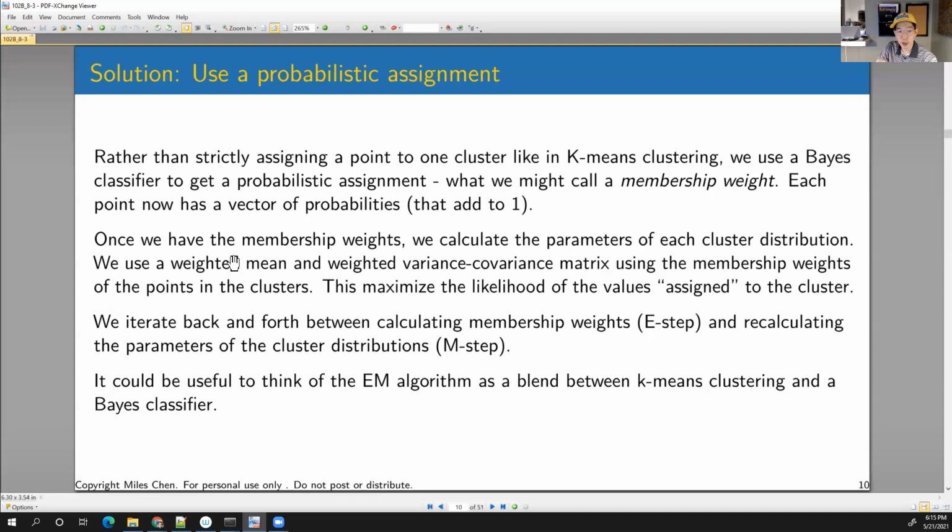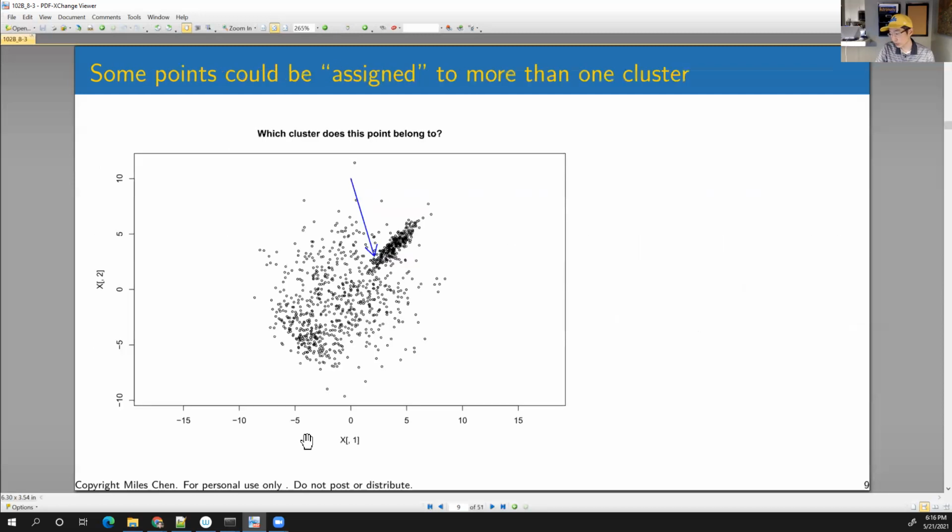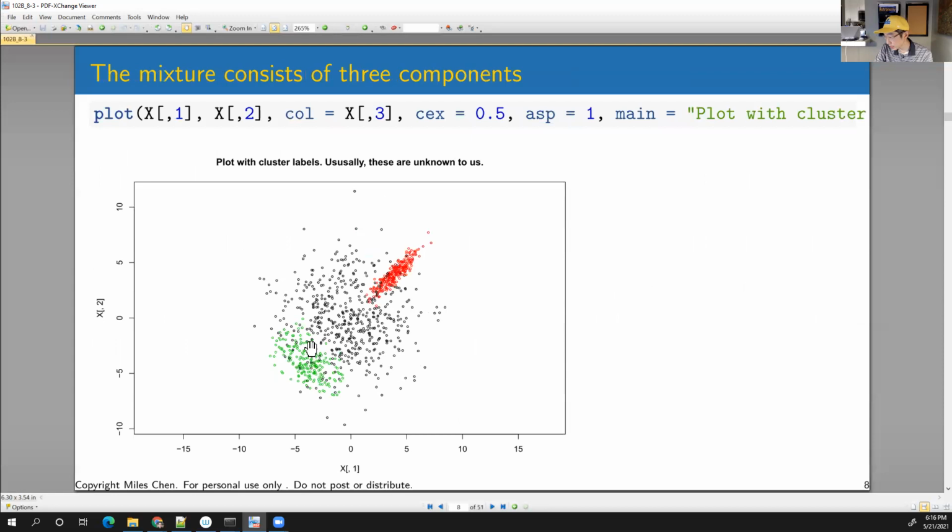And values that have a low probabilistic assignment of belonging to a cluster will have a low weight, right? So when we're talking about finding the mean of this green cluster, points out here are going to have very low probabilistic assignments to the green cluster. So they're going to have very little influence as far as determining where the mean of this green cluster is.